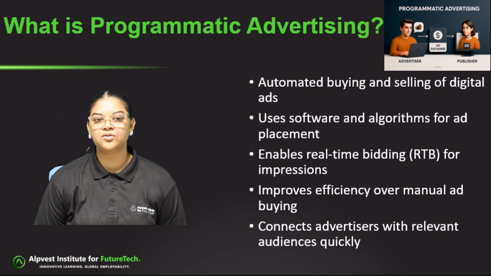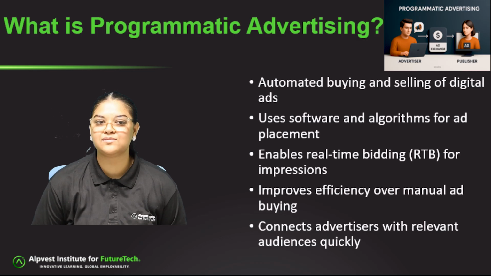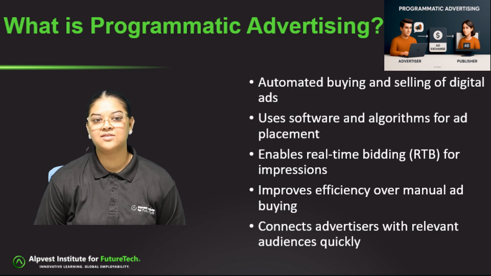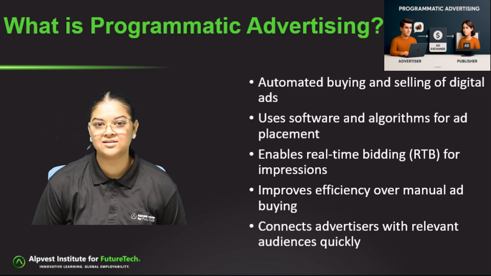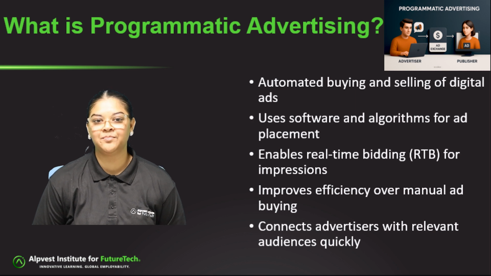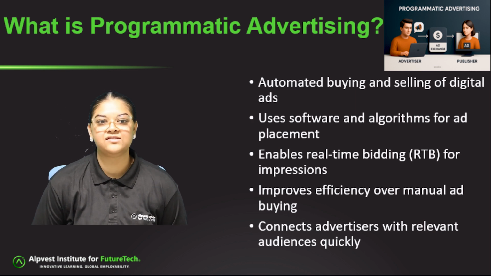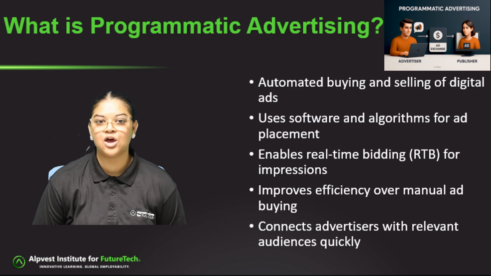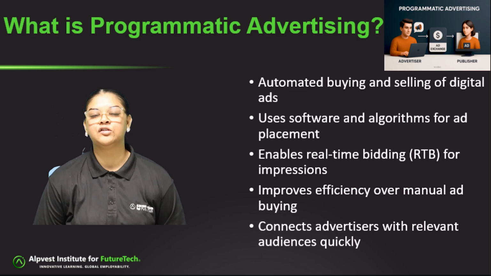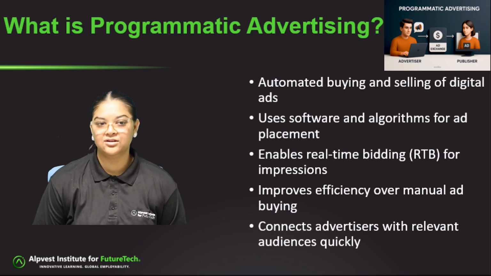This process improves efficiency because it reduces manual work and allows campaigns to react quickly to audience data and available inventory. Programmatic advertising is valuable because it helps connect advertisers with the right audiences more quickly and on a larger scale, making it a major part of modern digital ad delivery.